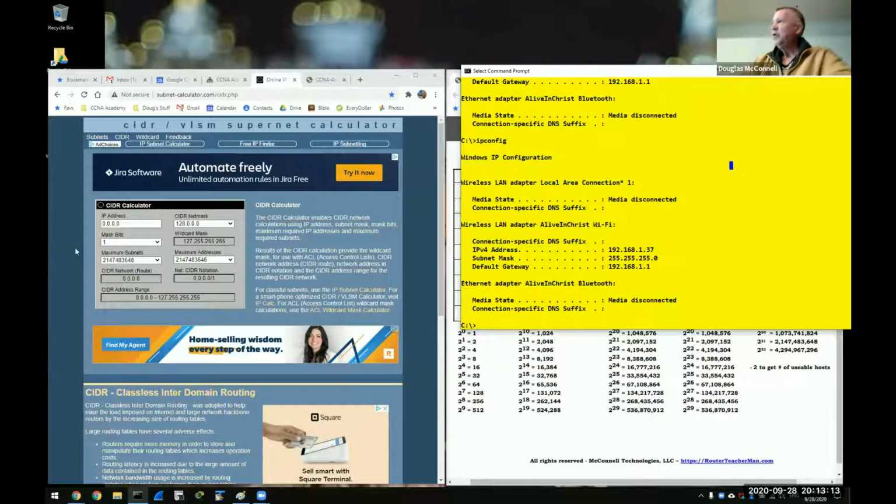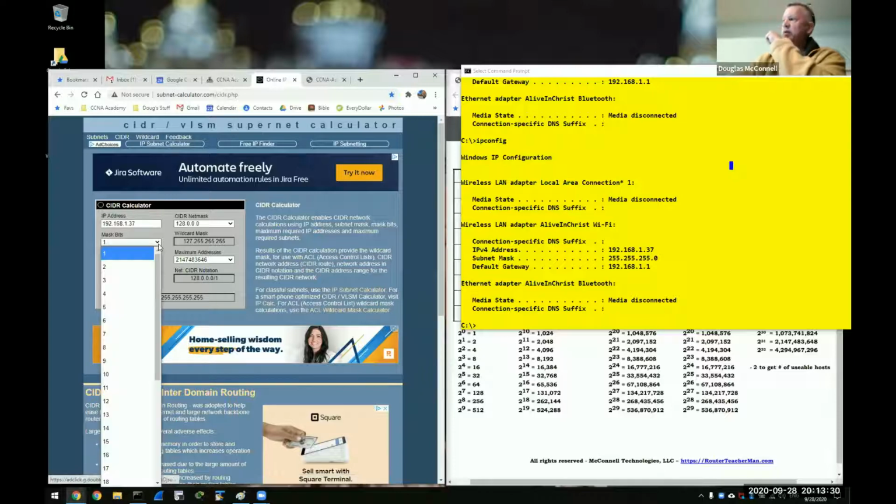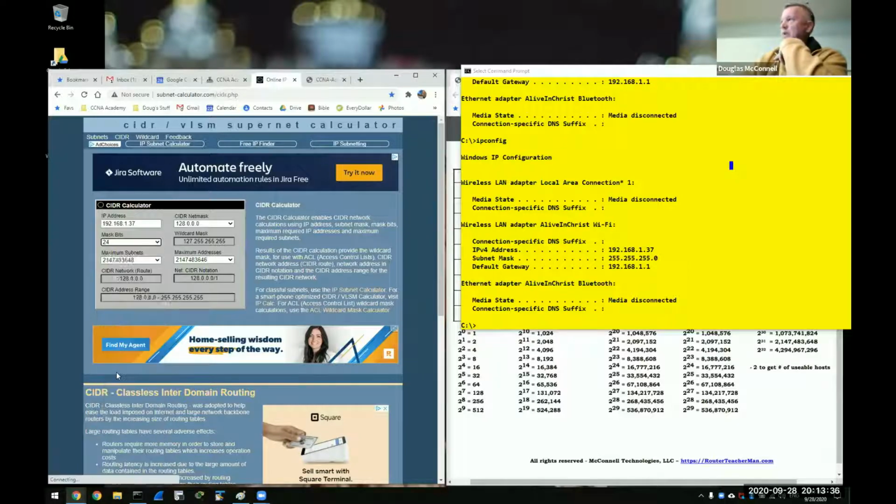The only 2 things we need to worry about are putting in the IP address and setting the prefix, which is 24.